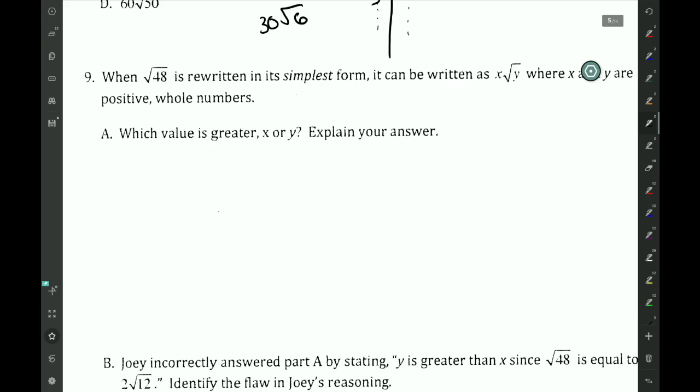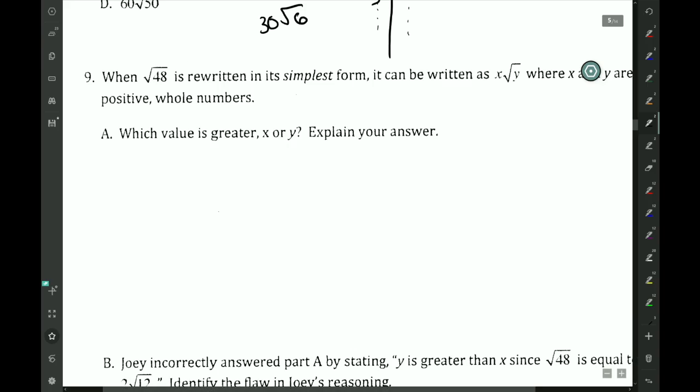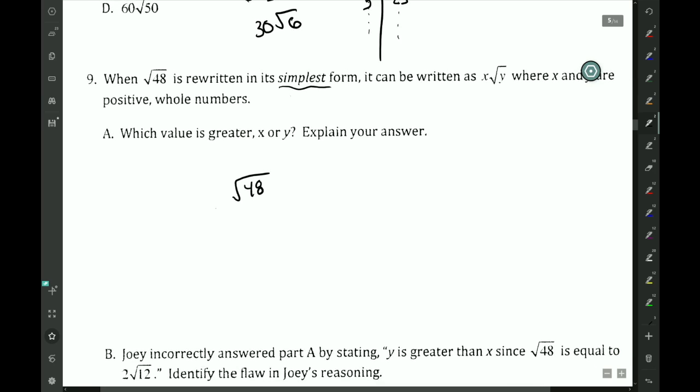Here's another one, similar to what you might have seen on a previous test. When square root of 48 is rewritten in its simplest form, it can be written as x square root of y. It wants to know which value is greater, x or y.